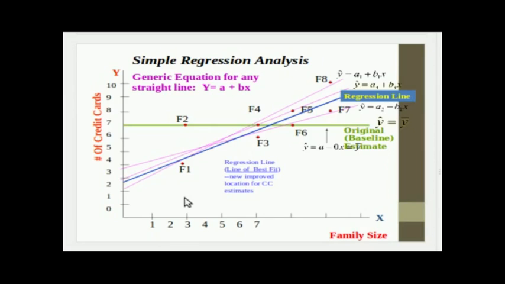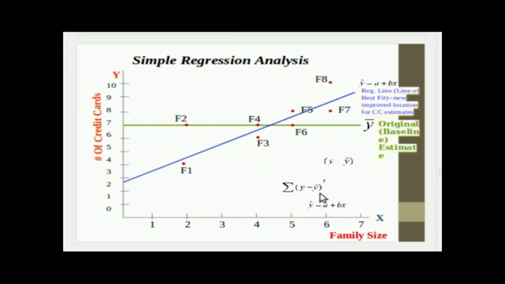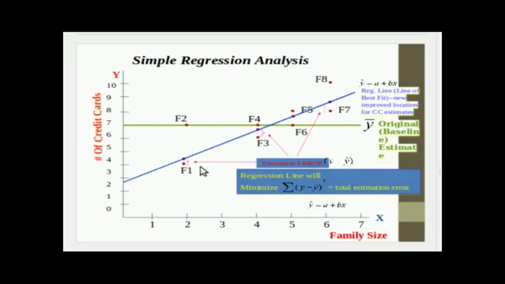Next, we will see the estimation error between the actual data points and the estimated data points. Here you will see the difference between the red dots and the blue dots. The red dot indicates the value of the mean estimation, and the blue dot shows the value on the best fit regression line, with a new improved location for the credit card estimation.